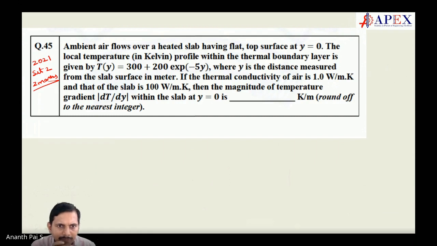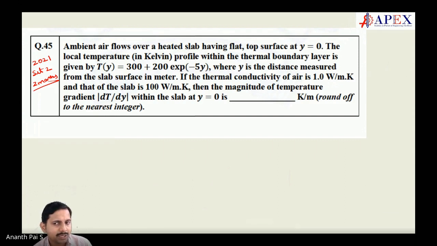Ambient air flows over a heated slab having a flat top surface at y equal to 0. The local temperature profile within the thermal boundary layer is given, where y is the distance measured from the slab surface in meters.